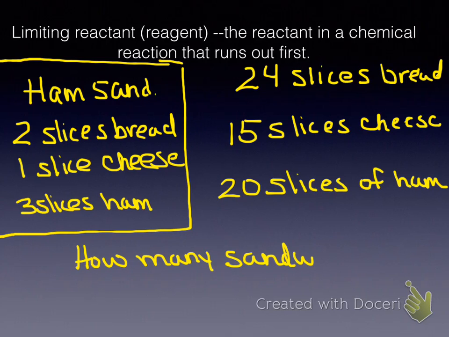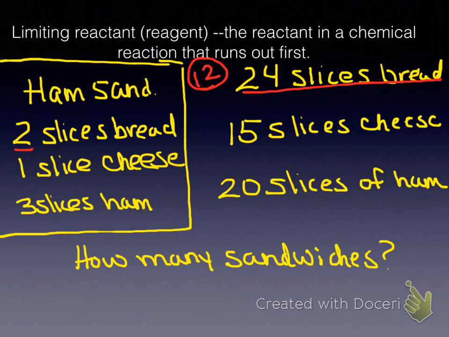Now, I think this is a pretty easy question for most of us to figure out. If you think about it, what you're going to do is figure out, okay, I've got 24 slices of bread. Each sandwich takes 2 slices. That means from my bread, I could make 12 sandwiches. I have 15 slices of cheese.